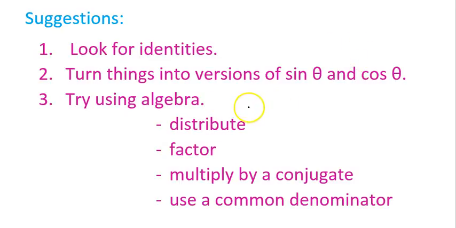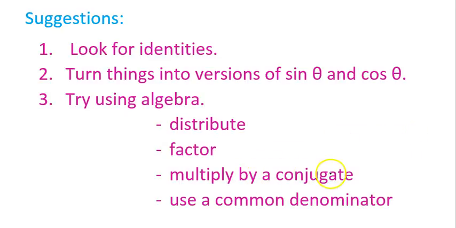You can also use algebra and do things like distribute or FOIL, or they will factor. When we went over factoring at the beginning of the year, I gave you, I think, a few problems that had trig in them. It factors just like trinomials and perfect squares tend to do.